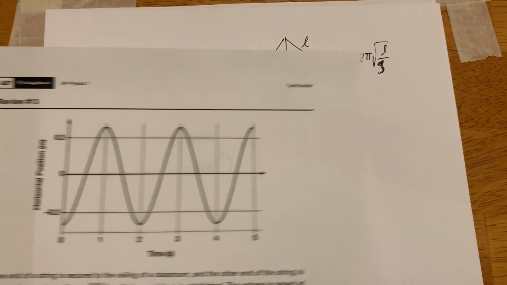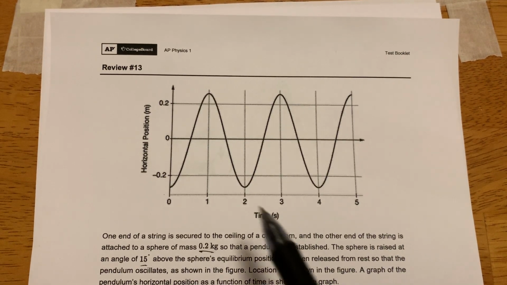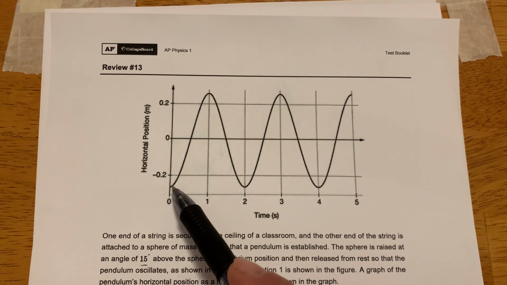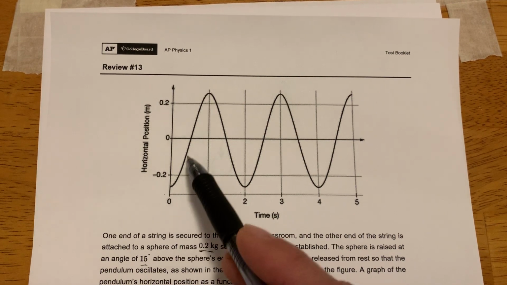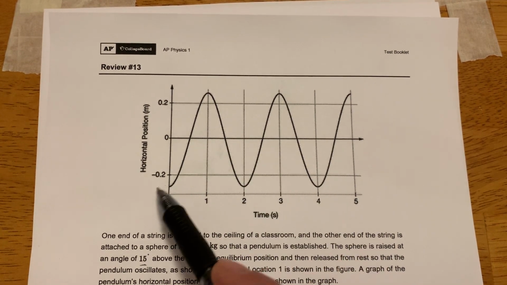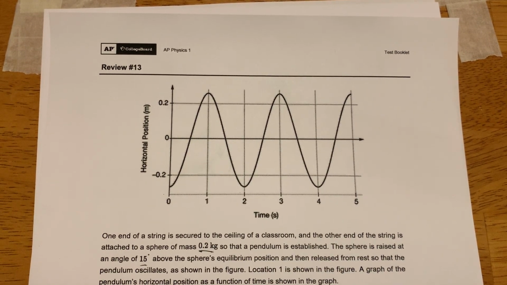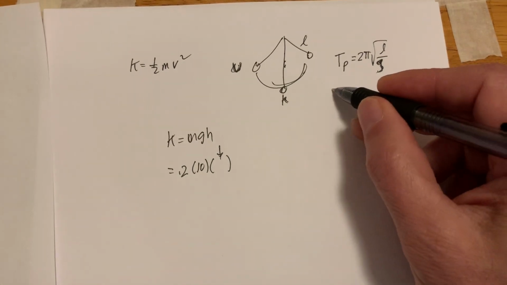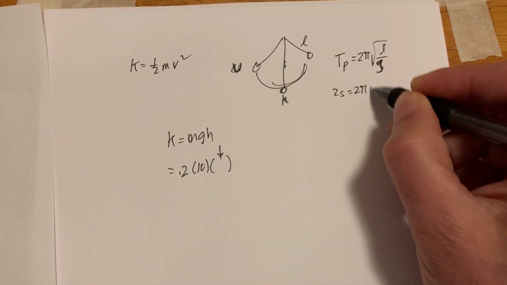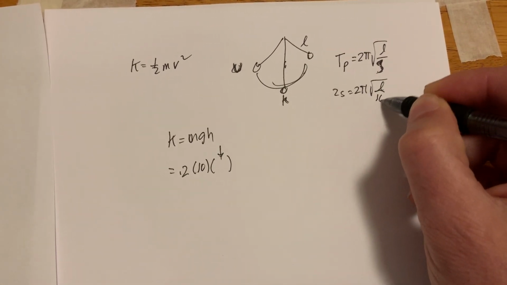What's the period? Well, we have to go to my graph. What is my graph telling me? If I start here, horizontal position, it tells me that it completes 1 cycle in 2 seconds, which is the period. So 2 seconds equals 2 pi radical L over 10.